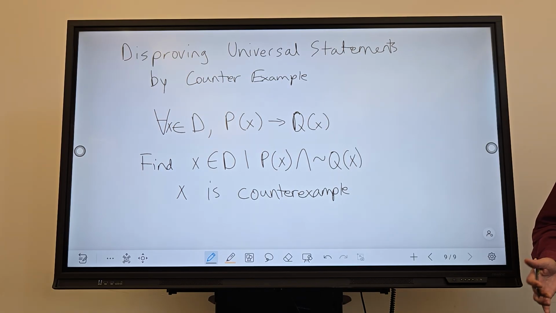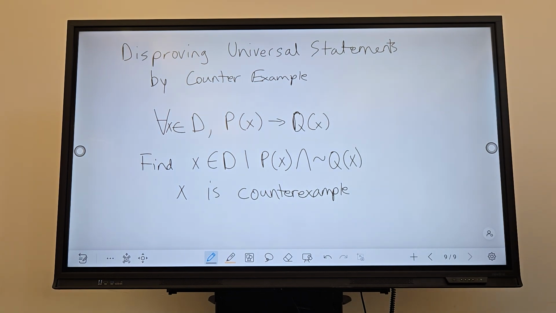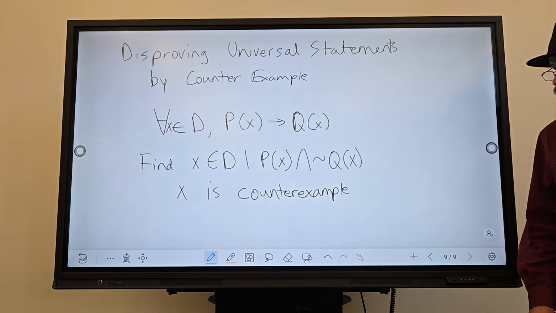Minus 1 squared equals 1 squared, but minus 1 does not equal 1. So minus 1 would be a counterexample. So now, proving universal statements.